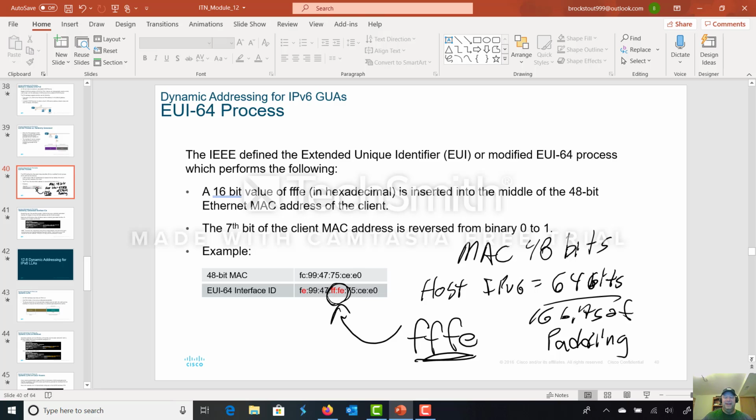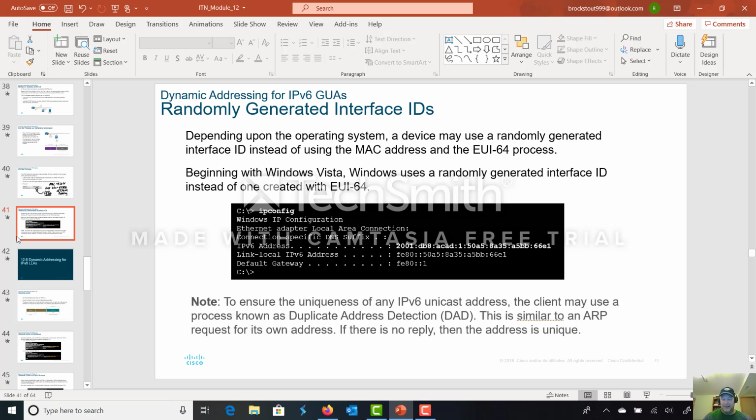So they take the first 24 bits of the MAC address and move it to the left, and then they put FFFE in the middle, and then we take the last 24 bits and we put it to the right, and there's your EUI-64. Oh yeah, flip the 7th bit from a 0 to a 1. That's it. That's a method that you can use. Does Microsoft use that? No. Does Cisco use it? Yeah, you can use it. You can use it on your routers if you want to.